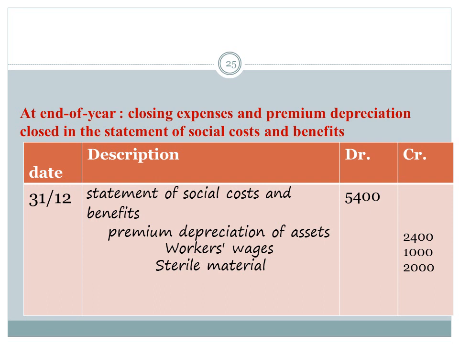These expenses lead to reduction in our profit. So the statement of social costs and benefits will be in the debit side. Again, when we make the first entry for these expenses, it will be in the debit side. When we close these expenses, it will be in the credit side. Okay.